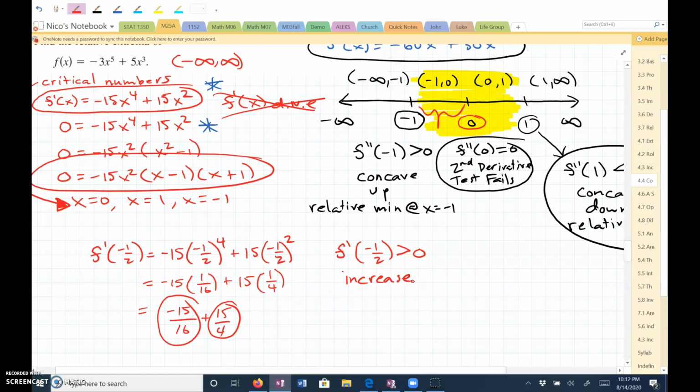Then we need to do the same thing over here. We need to do f prime of positive 1/2. This is basically going to be the same here and there.